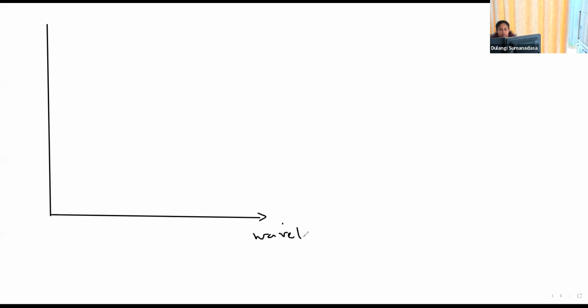Look at the axes. The name of the graph is the absorption spectrum. So wavelengths are on the x-axis, different wavelengths. I don't think you need to remember the wavelengths.